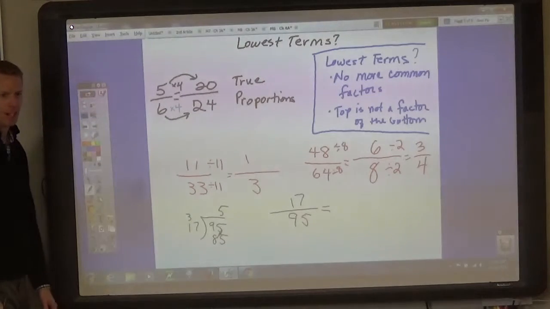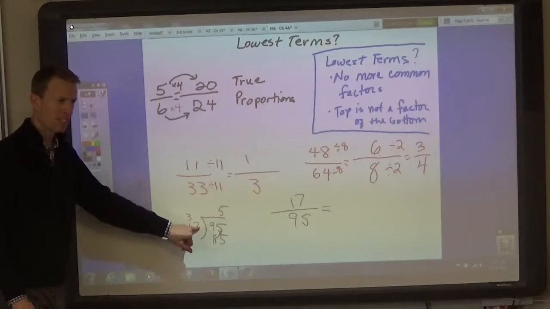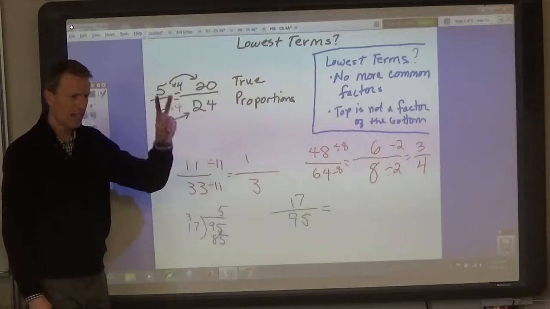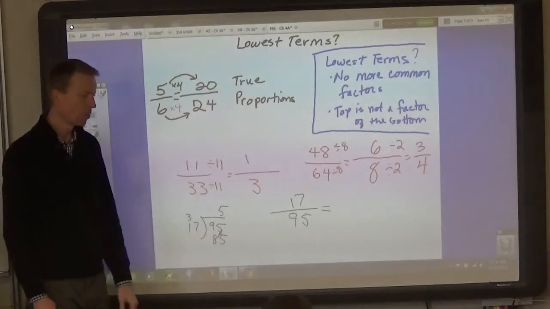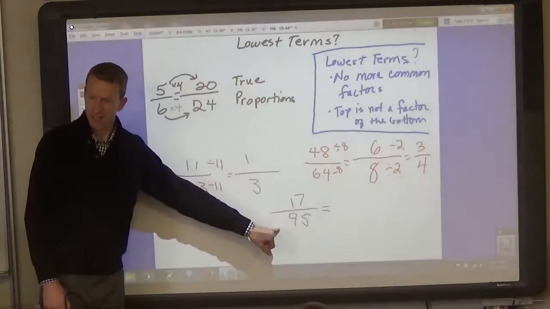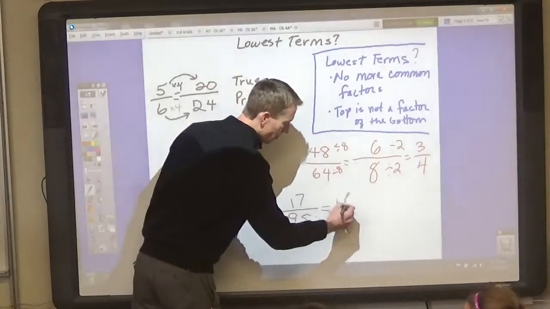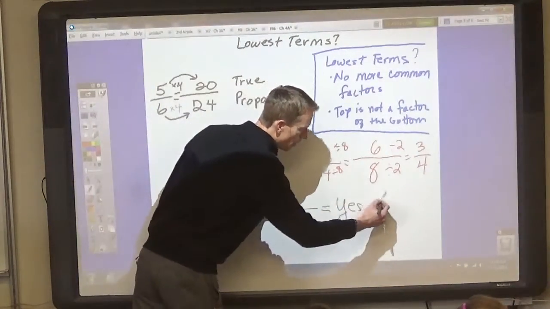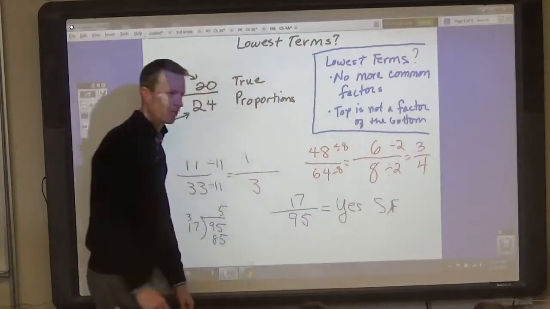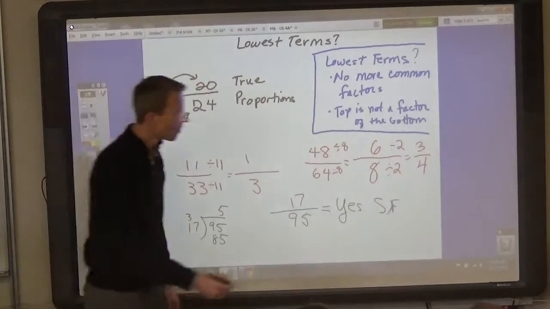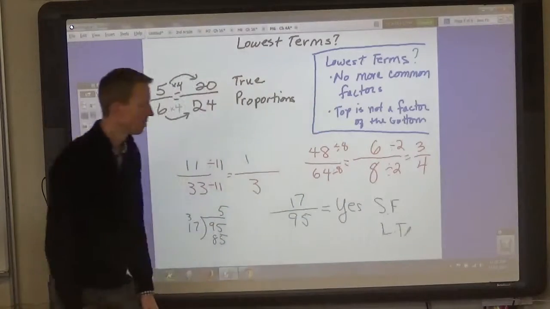Nope, it's not 5. 6 times 7 is 42. That ends in a 2, so that doesn't work. 7 times 7 is 49. That doesn't work. Is this lowest terms? Yes. Lowest terms, simplest form.